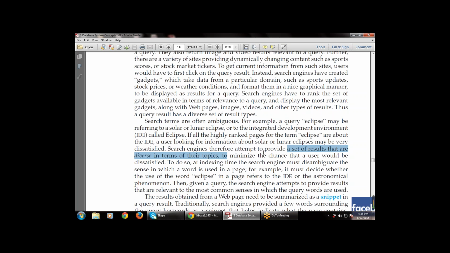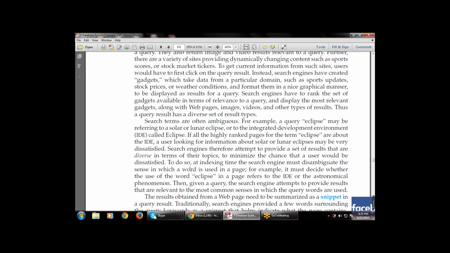Search engines attempt to provide a set of results that are diverse in terms of topic. So the search engine provides results that may be about a lunar eclipse, a solar eclipse, or the development environment, based on the keyword.